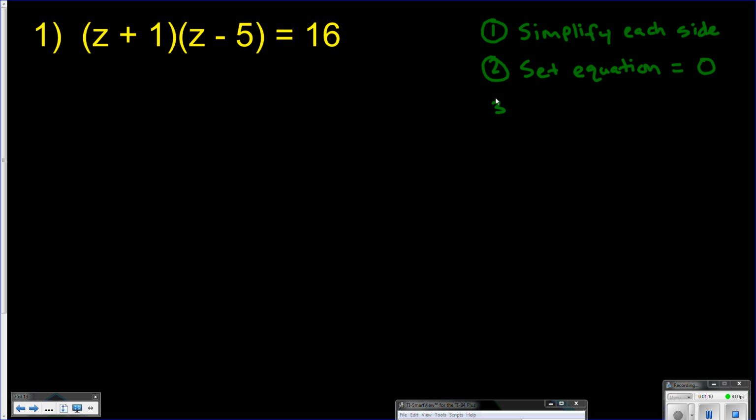And then third, we want to solve using whatever method we've chosen to use. So whether it's factoring and using the zero product property, if it doesn't factor, we might have to use the quadratic formula. But we will solve the equation.